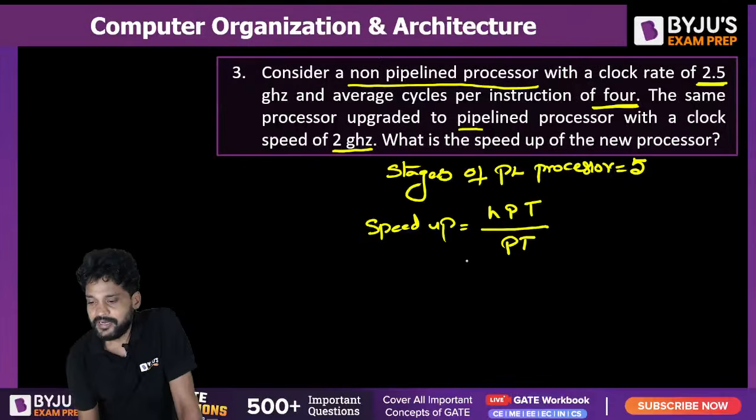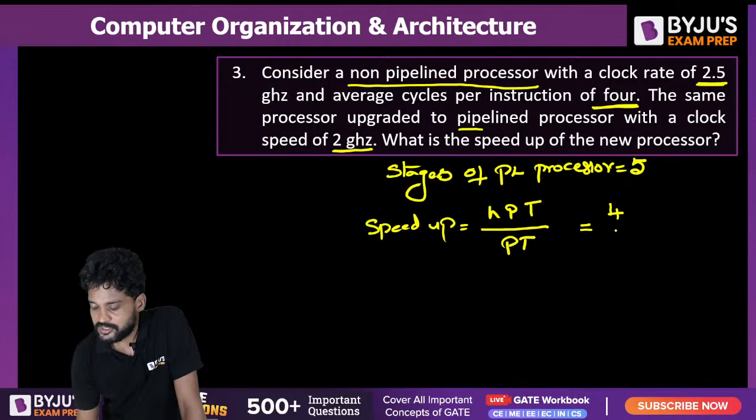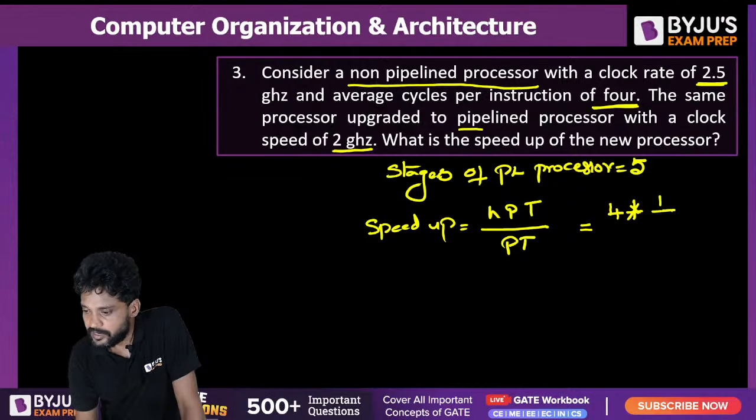Now, we need to calculate the non-pipeline processor time. Let us take only one instruction. For one instruction, it will take 4 clock cycles, 4 clock cycles into 1 by 2.5.